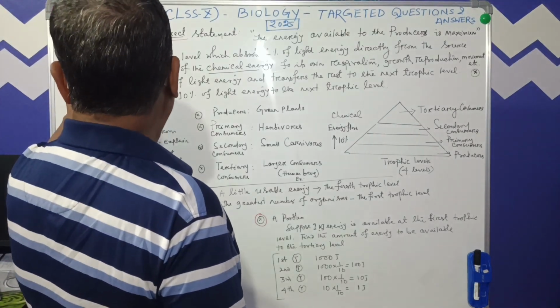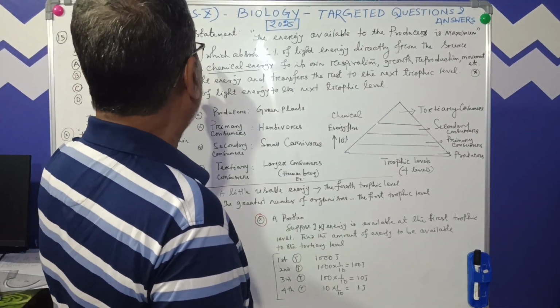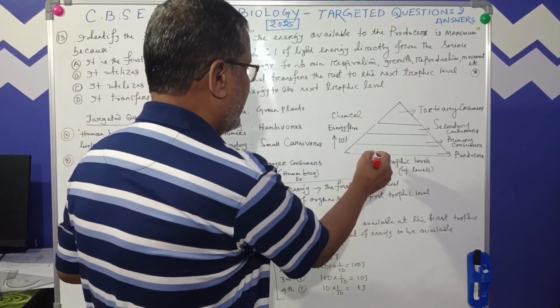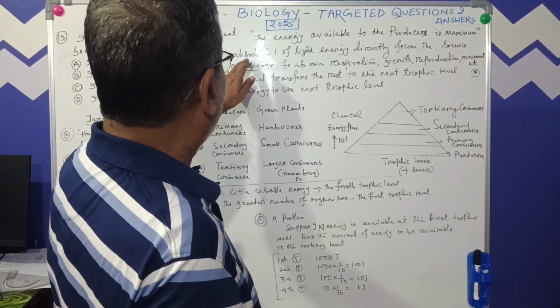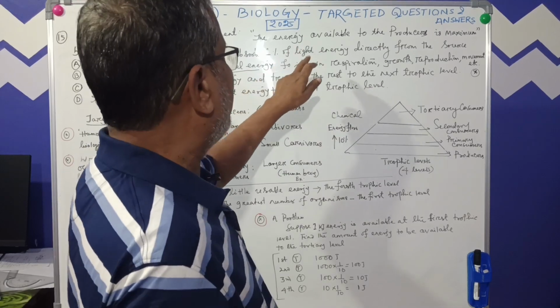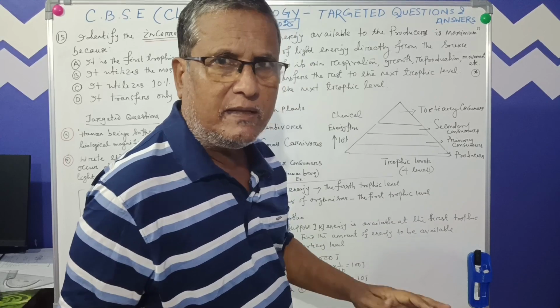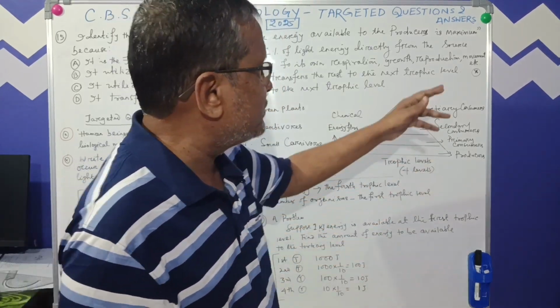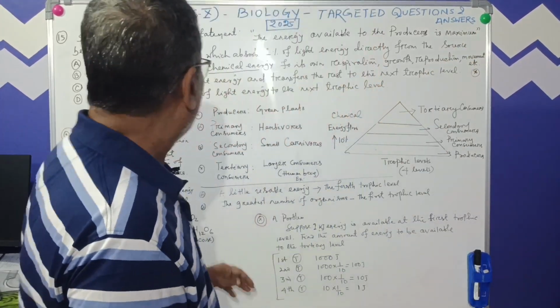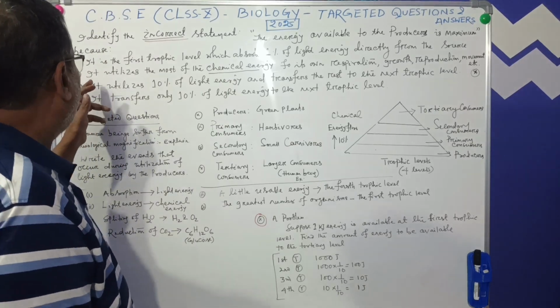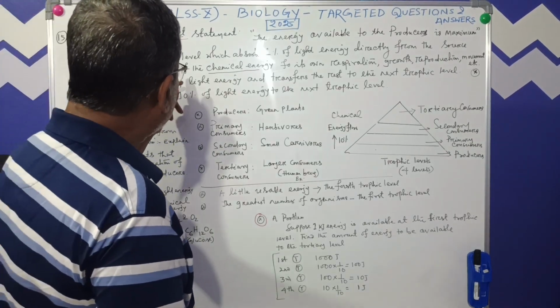Option A: it is the first trophic level which absorbs 1% of light energy directly from the source. That source is the ultimate source, the sun. Option B: it utilizes most of the chemical energy.